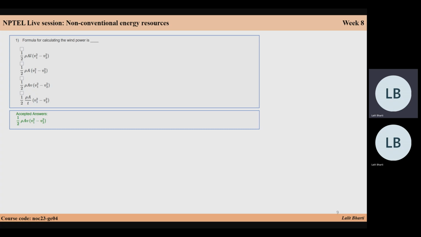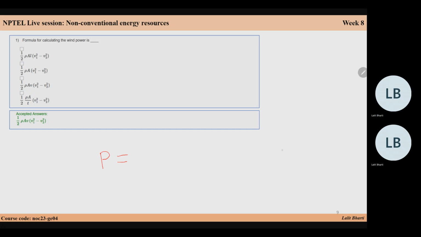Now we'll see this question. This is the formula for calculating wind power. So what is the power? From your lectures available on the NPTEL website of this course, the professor has derived the formula for wind power from a windmill. Since it has been derived there, I am writing it directly. You can refer to the main videos for the derivation of this formula.